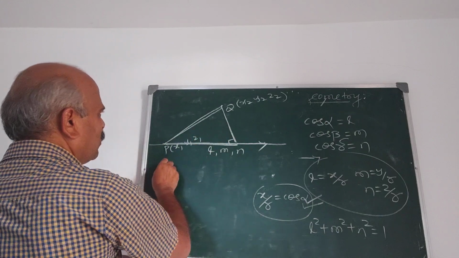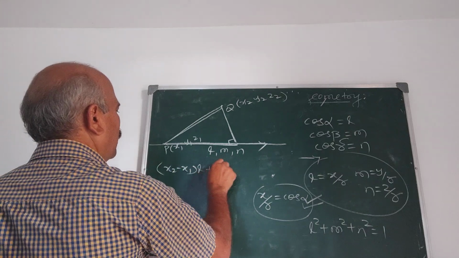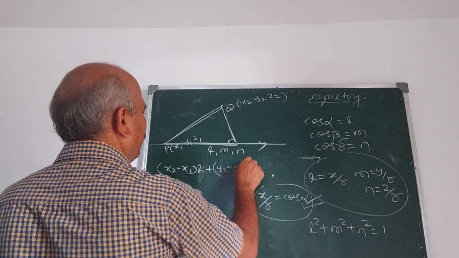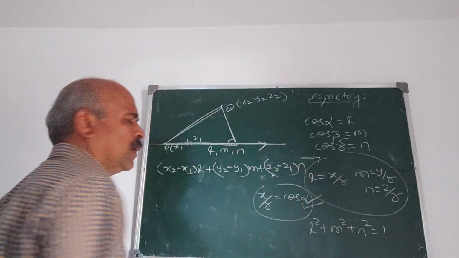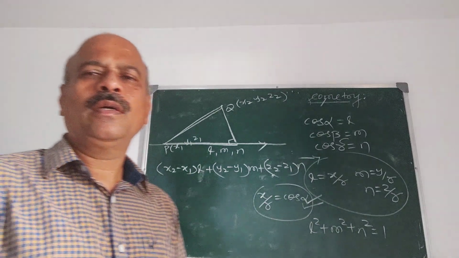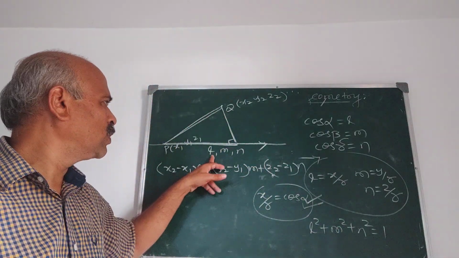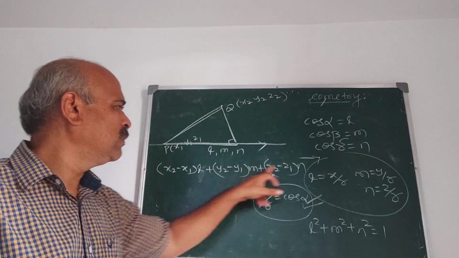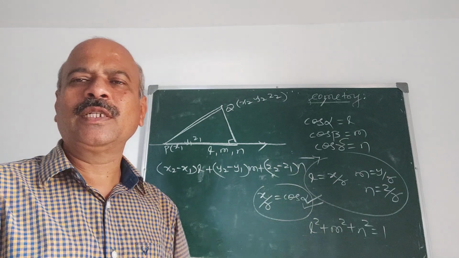This projection is given by (x2 minus x1) into L plus (y2 minus y1) into M plus (z2 minus z1) into N. We may use this result.